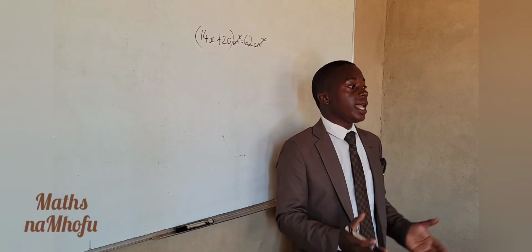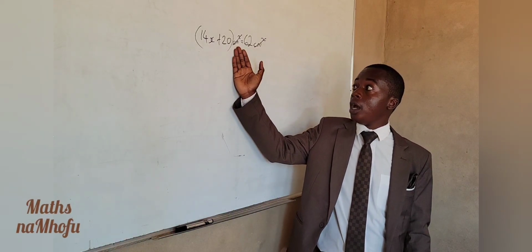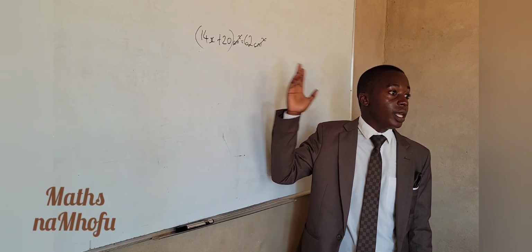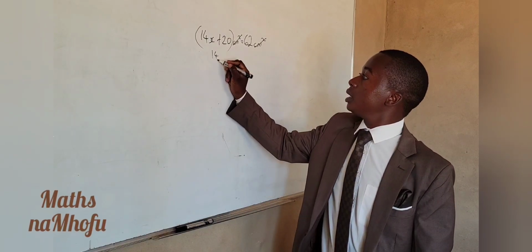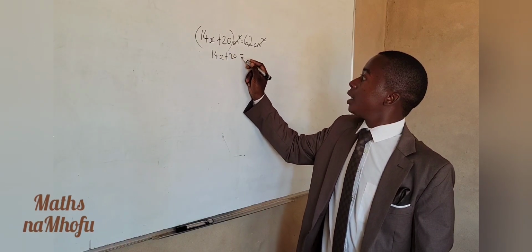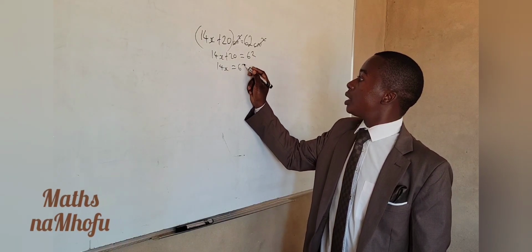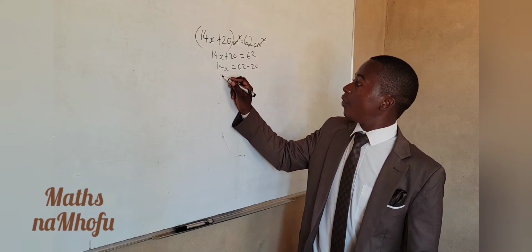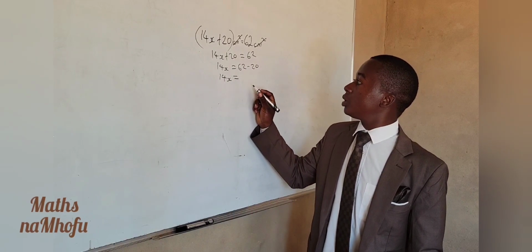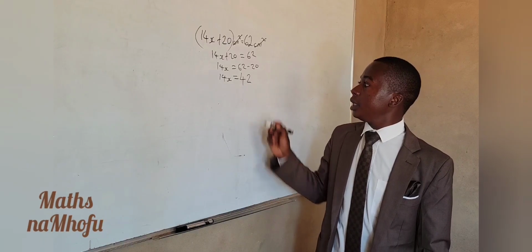We still maintain the same value because we removed the square centimeters on the left as well as on the right side. Are we together? Now, 14x plus 20 equals 62. 14x is equal to 62 minus 20. Remember, change the side, change the sign. 14x is equal to 62 minus 20, that's 42.